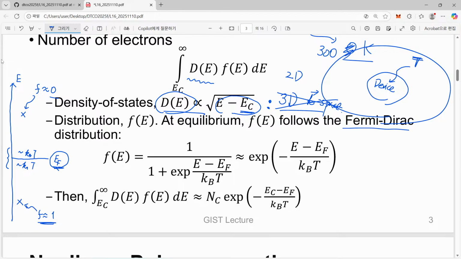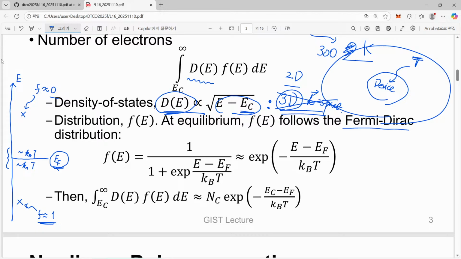However, in our usual device simulator, three-dimensional K space is still assumed, and if we want to expand it to more recent research interest materials, then we have to consider this generalized density of state.